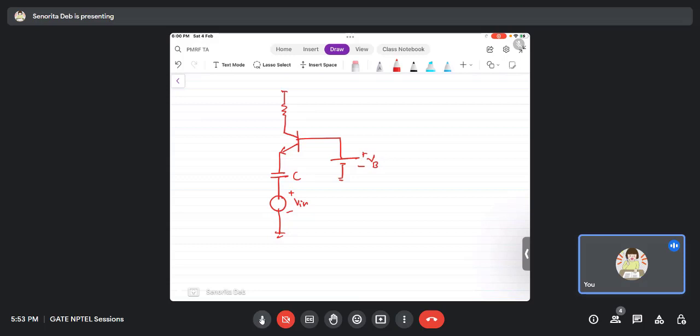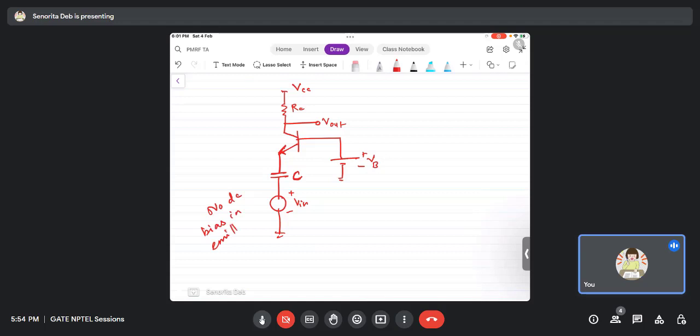Now, can anyone see what is the problem with this circuit? So the problem with this circuit is that the emitter won't be DC biased, right? No DC biasing in the emitter.